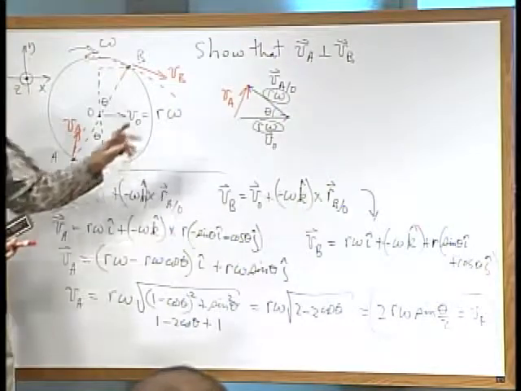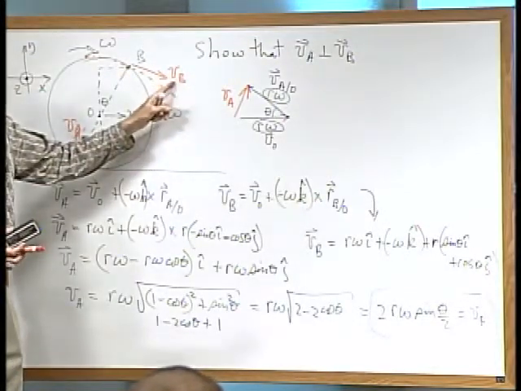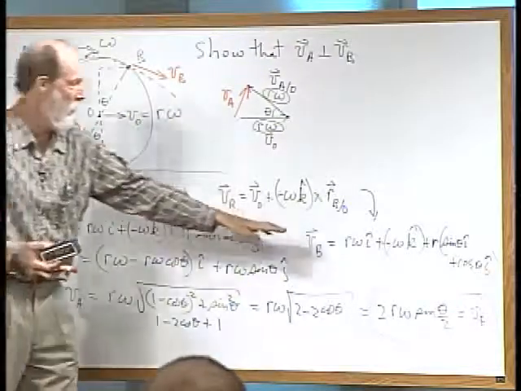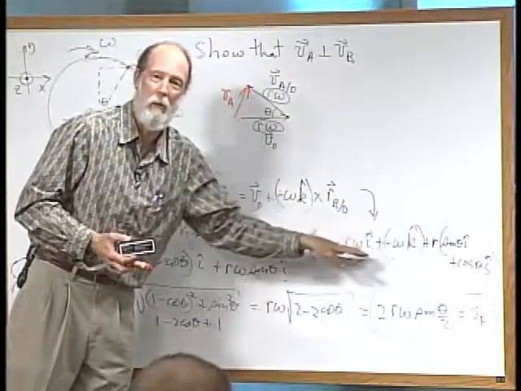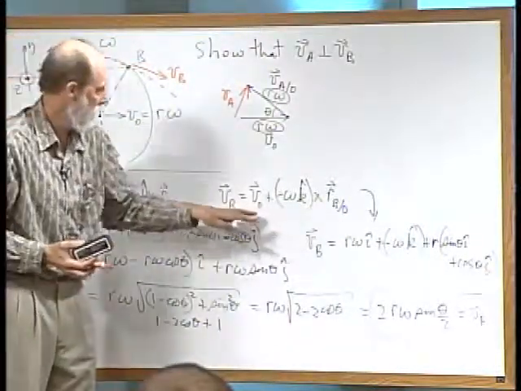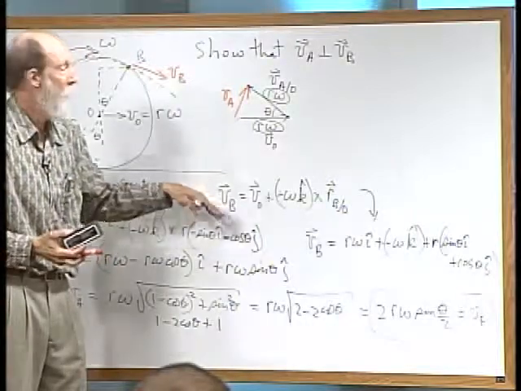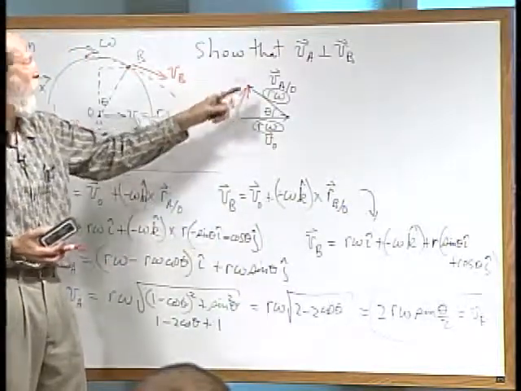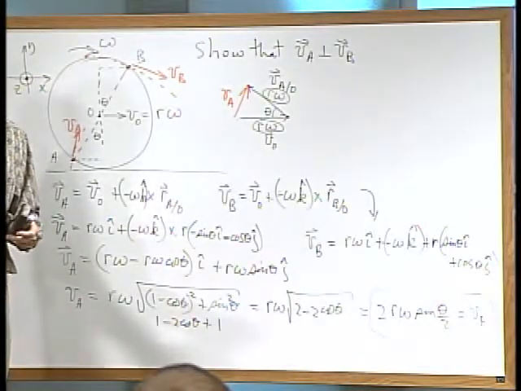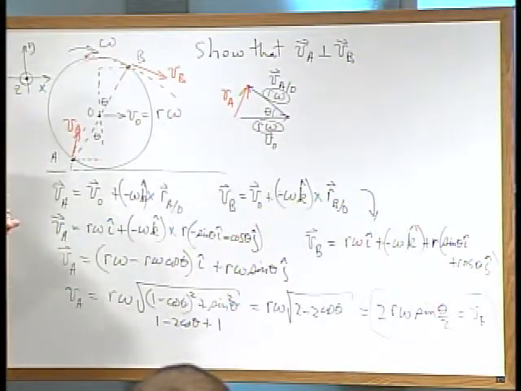Let's now use that thinking to talk about the velocity of B, without me going through and working up all the detail. We'll get the detail in a minute. But let's use this graphical thinking to see if we can figure out the velocity of B and see if we can then illustrate why the velocity of A is perpendicular to the velocity of B. Okay.